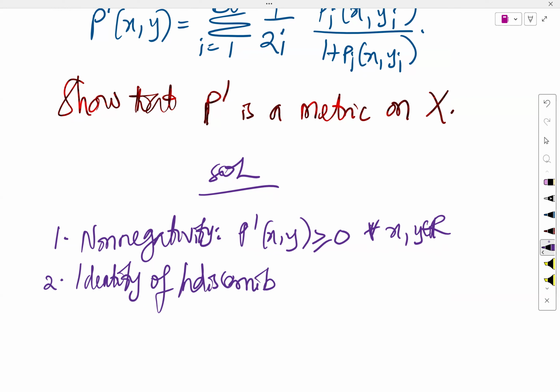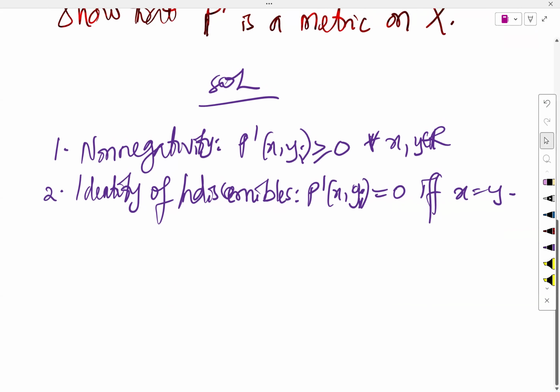So that means that p prime of x comma y is equal to 0 if and only if x is equal to y.